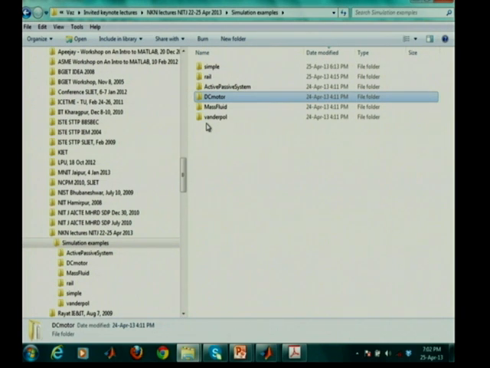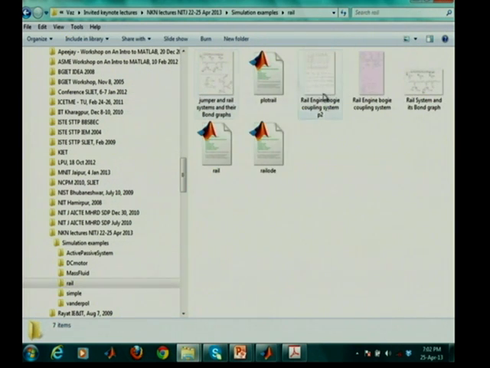This is a mechanical system. In this mechanical system, it is a rail problem. So I'll take this example of the rail.